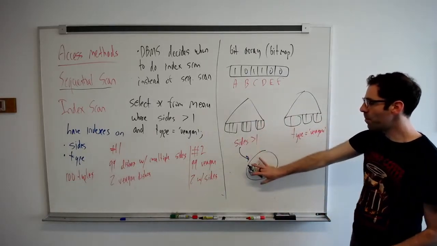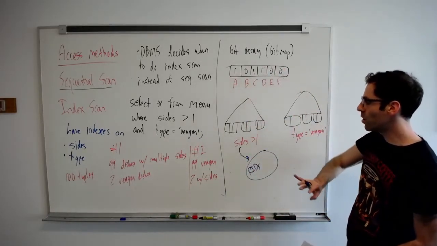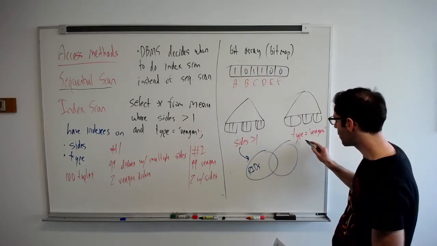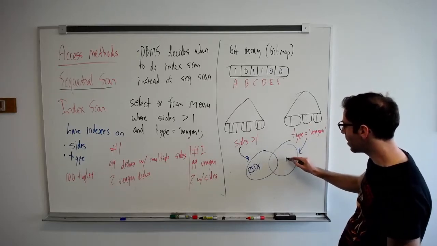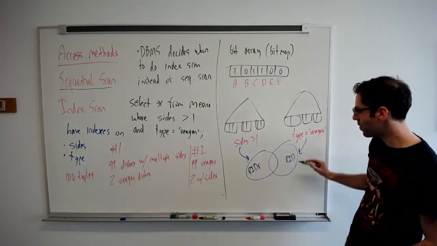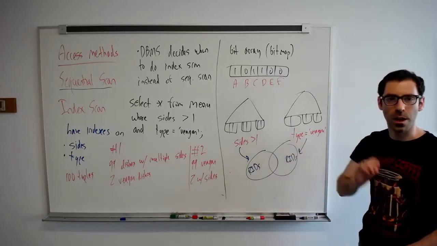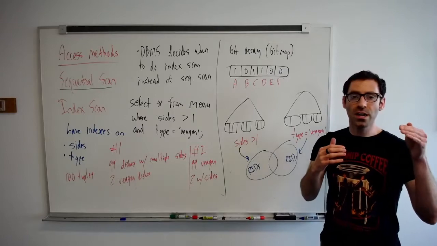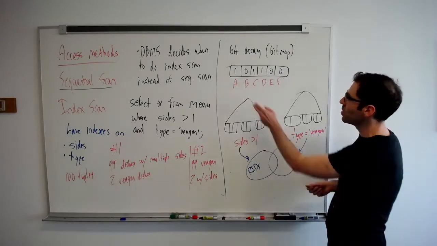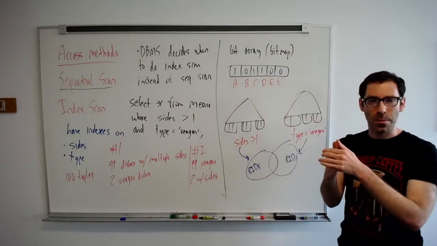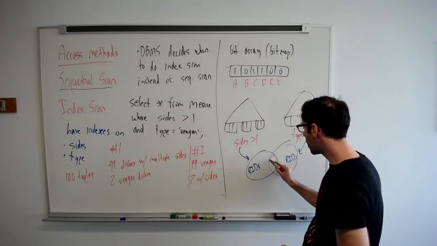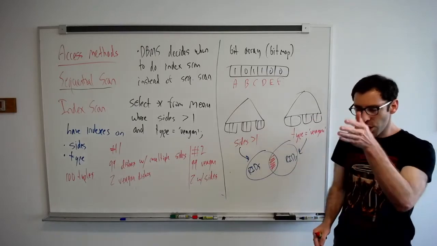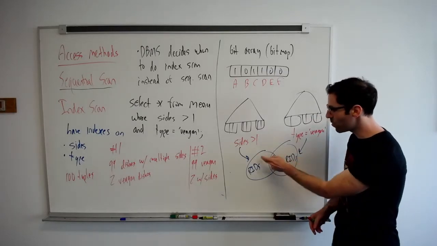And so one way to visualize this is sides greater than 1 returns some set of record IDs, using a bitmap, that match this criteria, and our other index scan returns another set of record IDs, using a bitmap, that match that criteria, and then we just bitwise AND the bits from our two bitmaps and get out a resulting bitmap that has ones just for those record IDs that were both included.